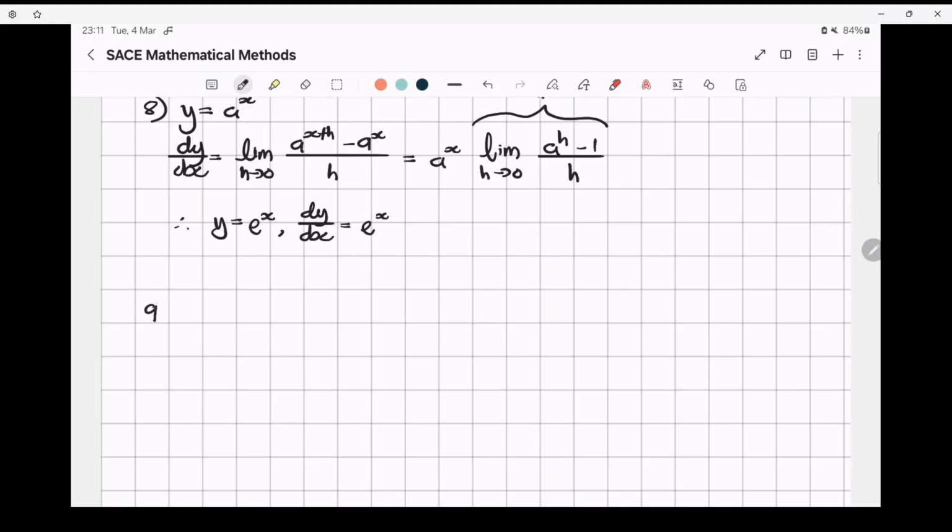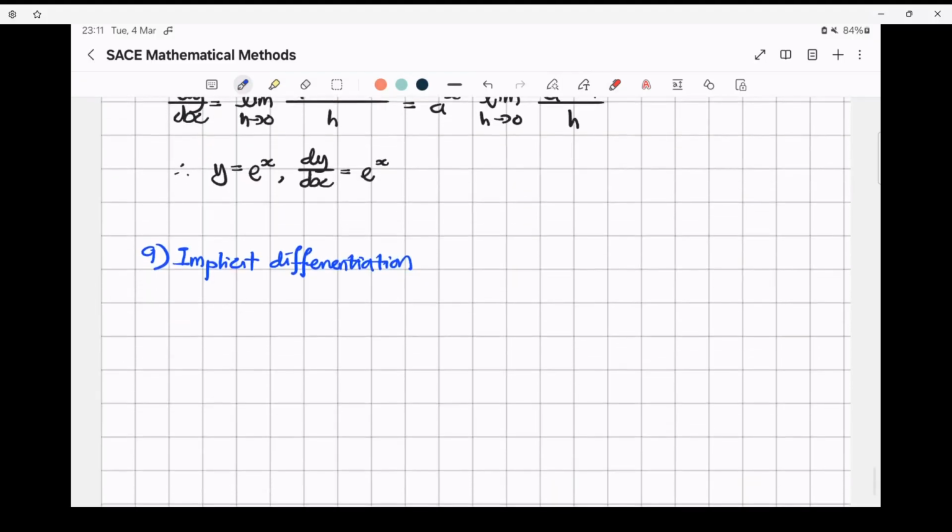So before I go into the last derivation of ln x, let's introduce something that you will not study in this particular syllabus, but it's incredibly useful, called implicit differentiation. Implicit differentiation is very useful when you try to differentiate implicit functions.